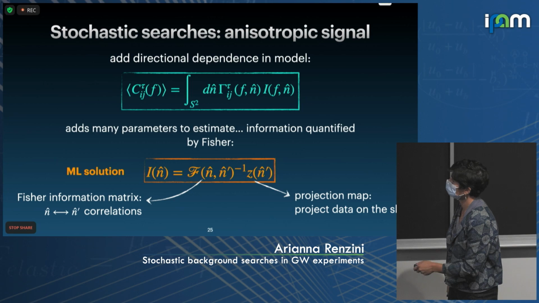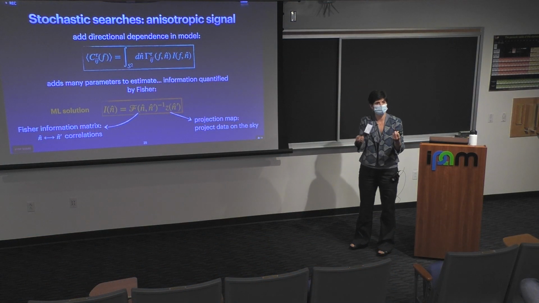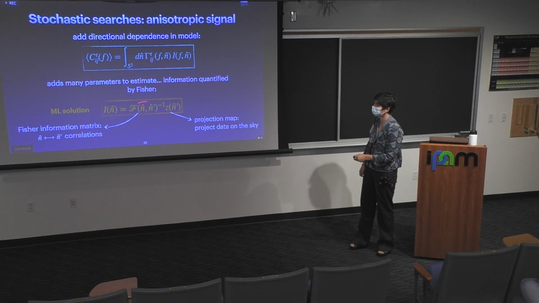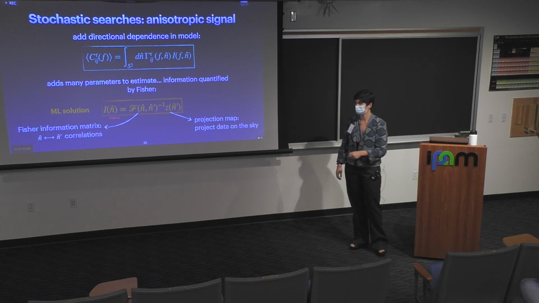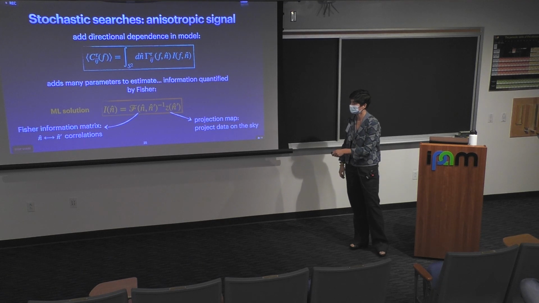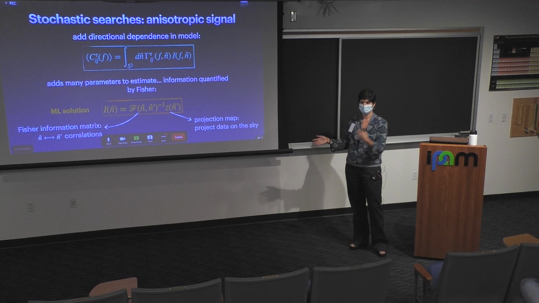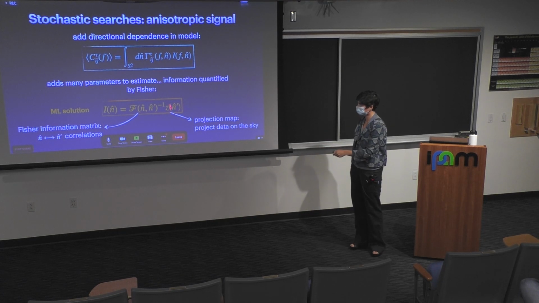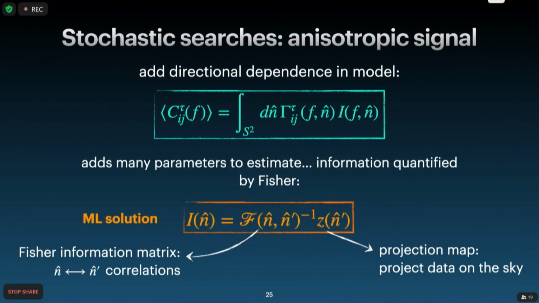And the information that you have on these parameters can be quantified in a Fisher information matrix. So this is the maximum likelihood solution you get if you take that likelihood at the beginning, shove in some directional information, and then maximize it. You get a Fisher information matrix that is telling you how different directions on the sky correlate throughout your measurement.